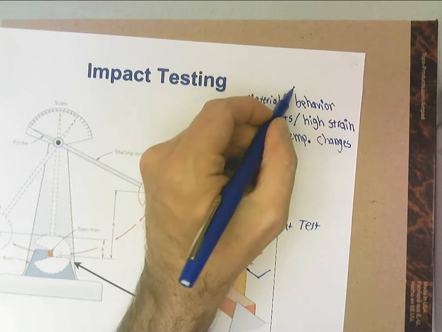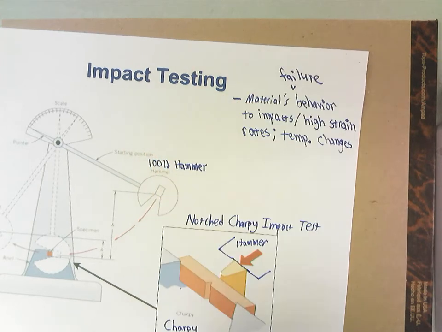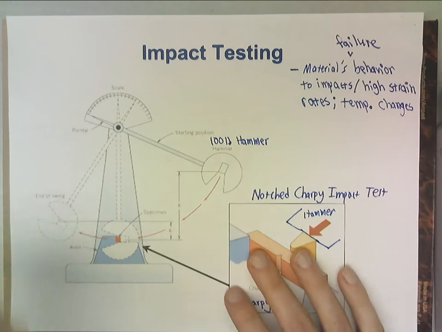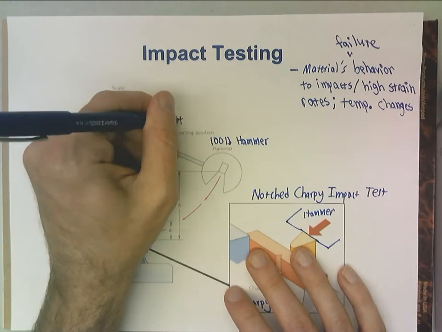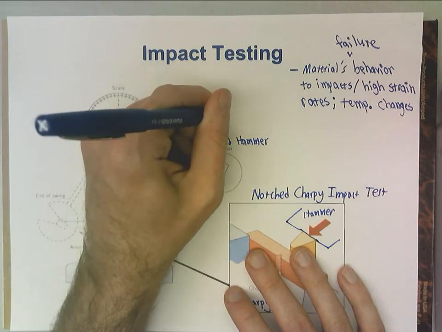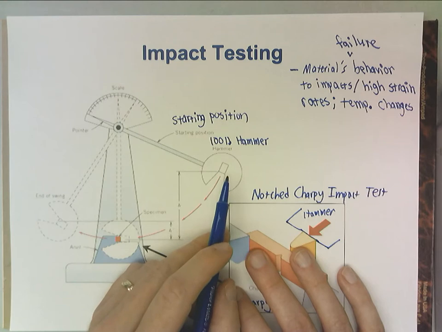So material's failure behavior. There we go. The way in which the test is conducted is we have a starting position for a 100-pound hammer in an elevated position.